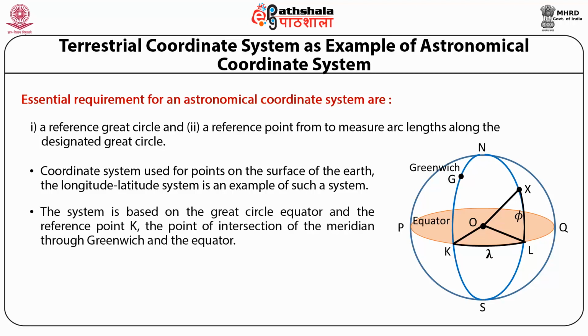In the terrestrial system of coordinates, the great circle equator is taken as the reference great circle, and the point K, which is shown in the figure, is the reference point. This point K is the intersection of the meridian through Greenwich and the equator.